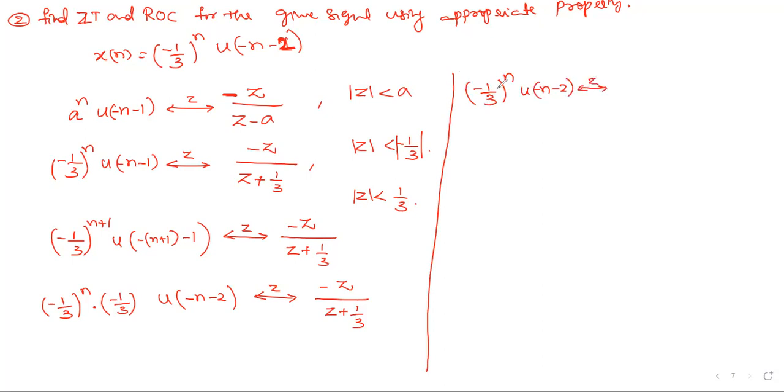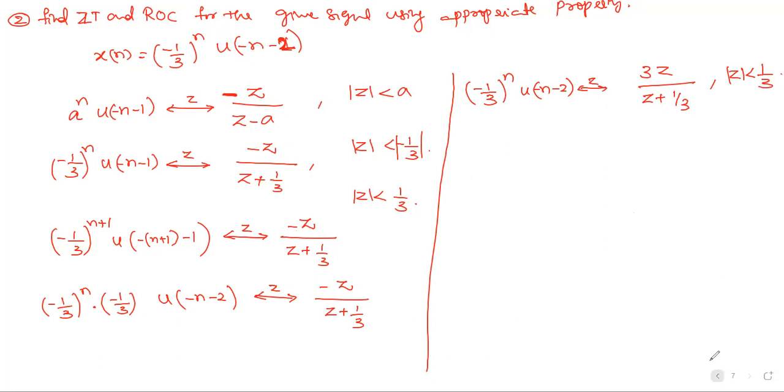Z transform will be minus 3z, and minus into minus will get cancelled: 3z divided by z plus 1 by 3. This is the corresponding Z transform. And what is the ROC? ROC doesn't change. Mod z is less than 1 by 3. So I hope you understand this one, right?